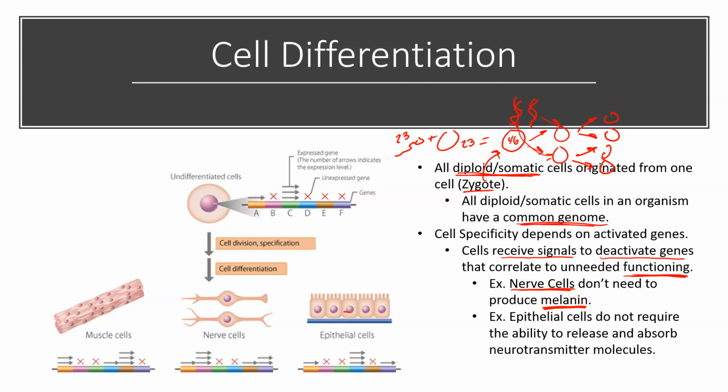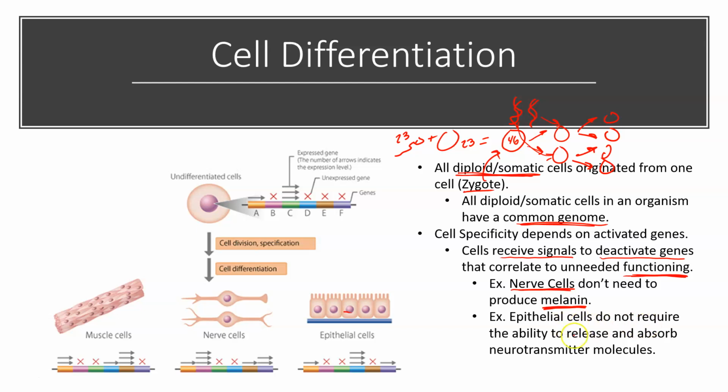We don't need melanin within interior tissue cells. And so the nerve cells and muscle cells, for instance, turn off the gene necessary to produce melanin and therefore don't produce it. The epithelial cells keep the gene on that allows them to produce melanin because, again, that's one of the things that they need to structure themselves with, and so they have the ability to keep that gene active and therefore produce it.